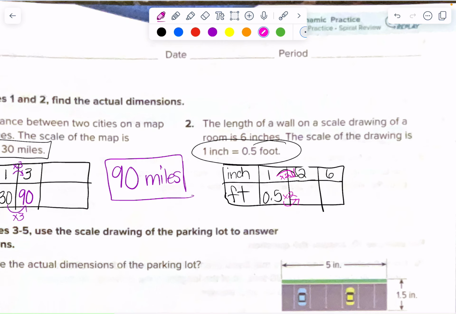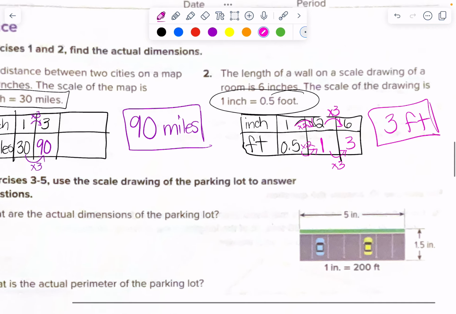So half of a foot doubled would be 1 foot. So 2 inches is going to be 1 foot. Then what I might notice is that 2 inches scaled up by 3 gives me 6. So 1 times 3 means that 6 inches would represent 3 feet. So then the actual dimension here is 3 feet.